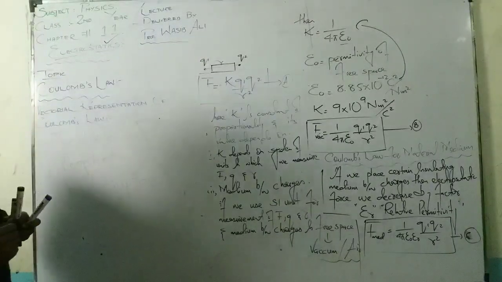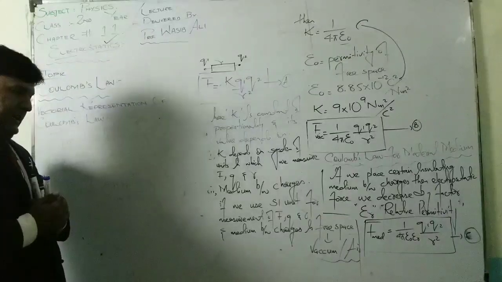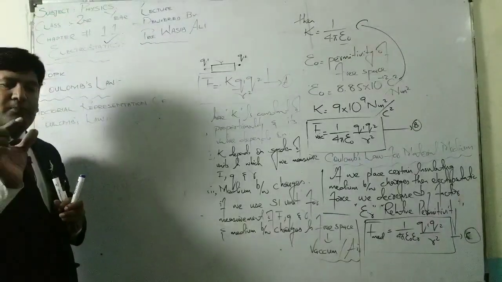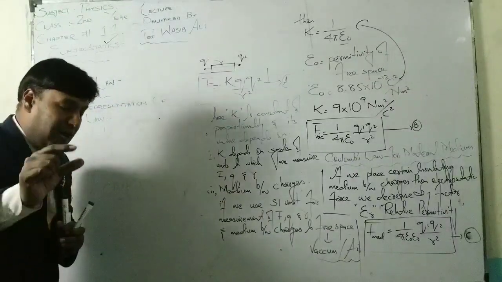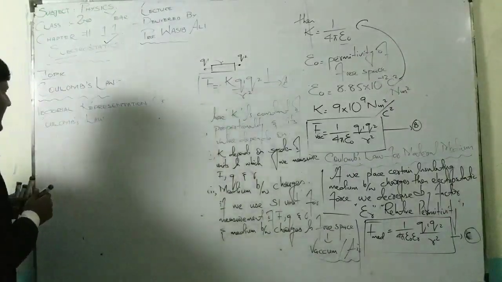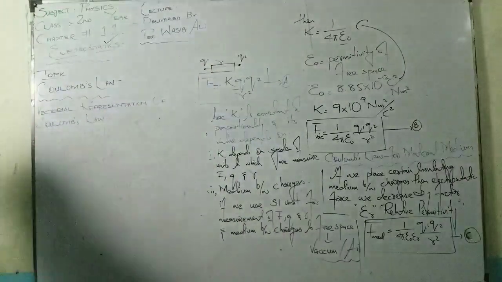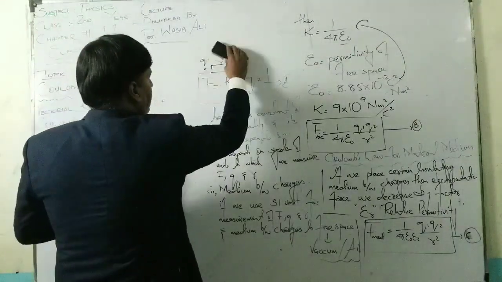As we know, force is a vector quantity, and in order to show a vector quantity, we must mention its magnitude as well as direction. So vectorially, first look at this figure. Again, I will draw it in a more proper form.